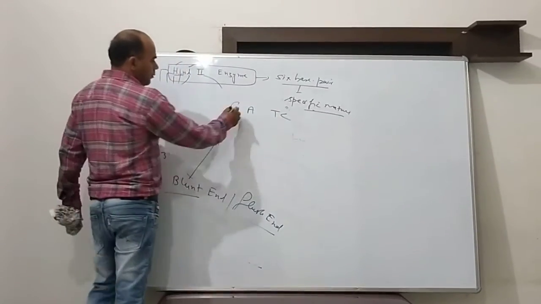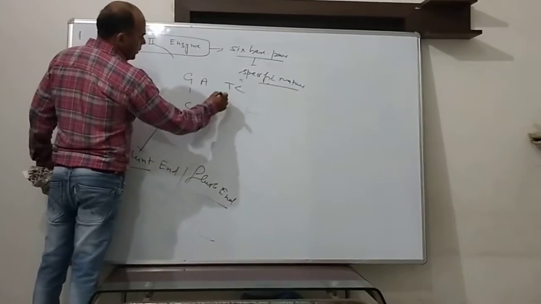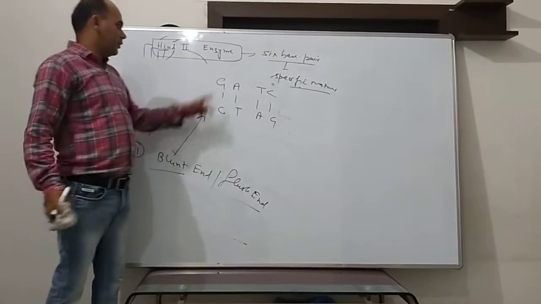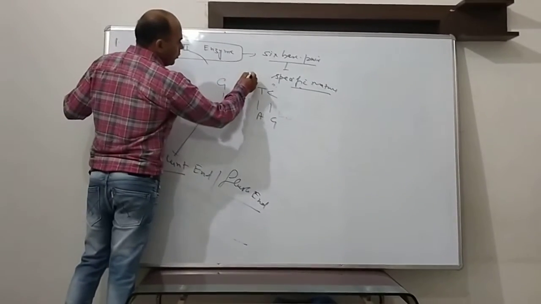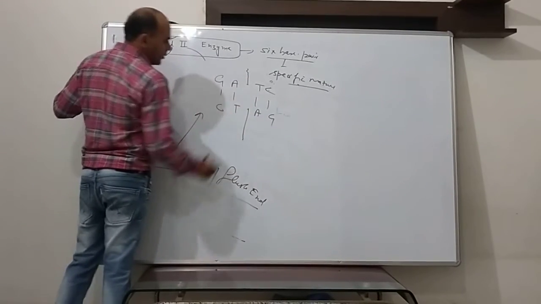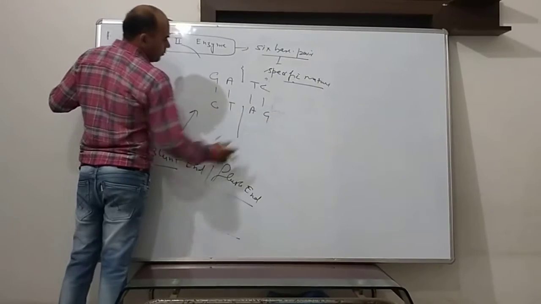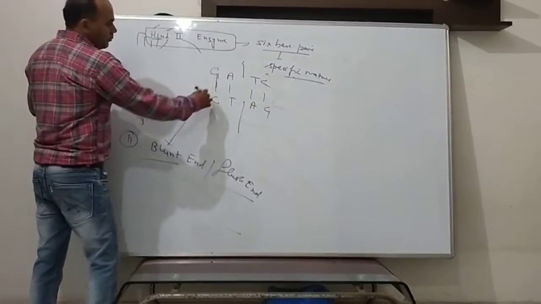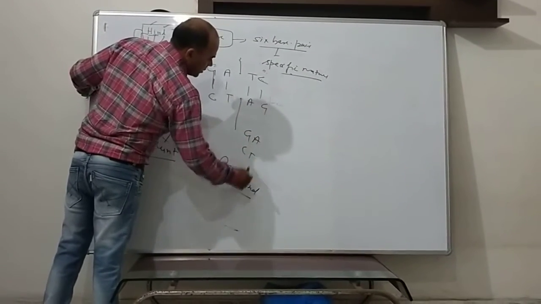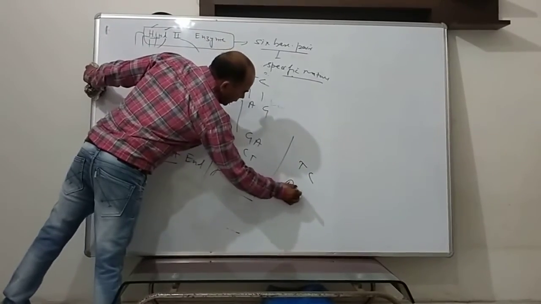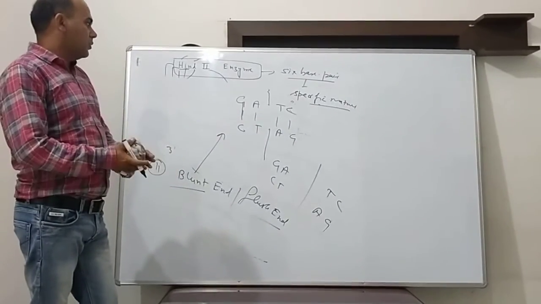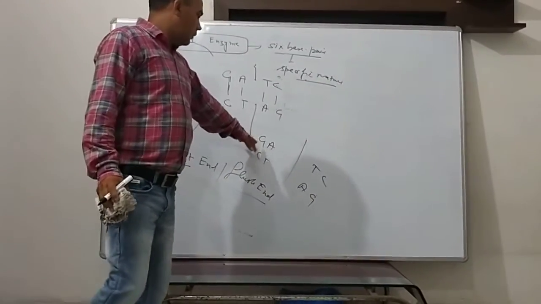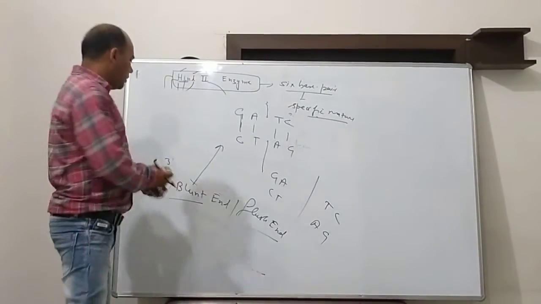GATC is on top, and opposite it will match C, T, A, G. Suppose there is a strand with a total of four nucleotide base pairs: 1, 2, 3 and 4. If we cut exactly from the middle region, half stays on this side and half on that side. Each is already matched with its complement, so the opposite strand is not left unpaired. Such a kind of end, produced with the specific restriction endonuclease enzyme, in which the complementary strand is already paired and not unpaired, is called a blunt end.